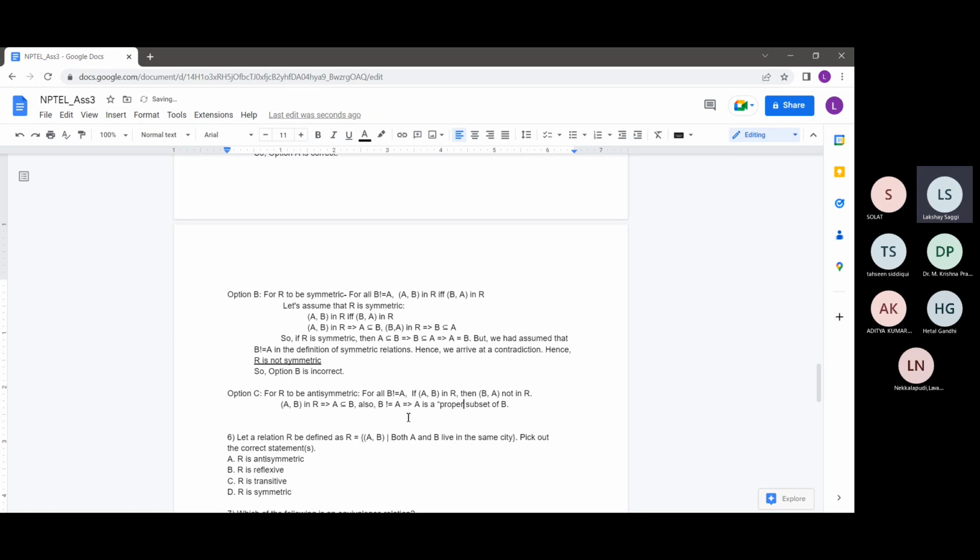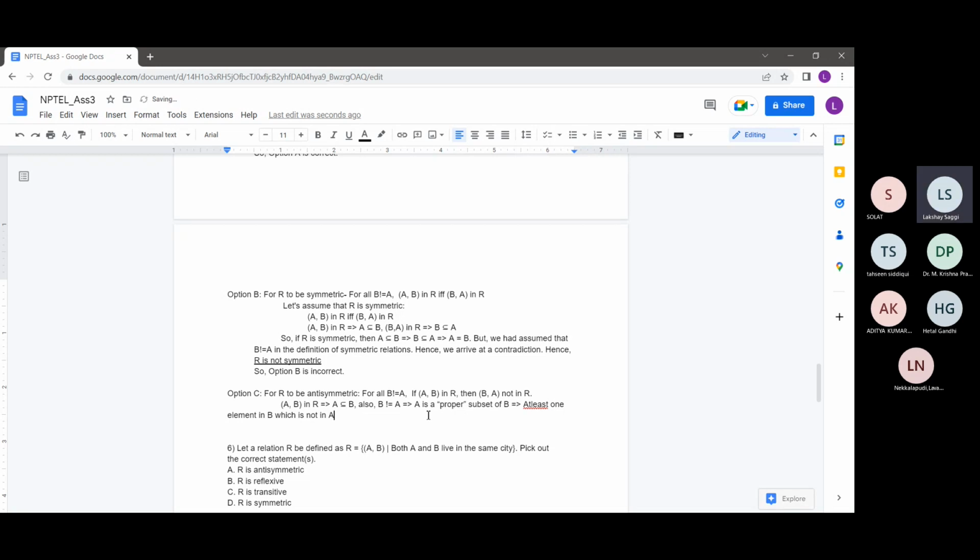What does proper subset mean? It means that there is at least one element in B which is not in A.